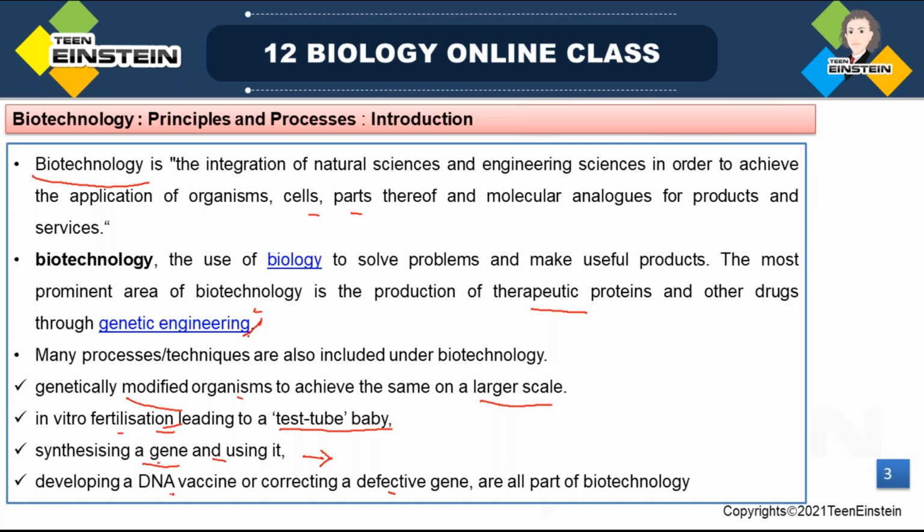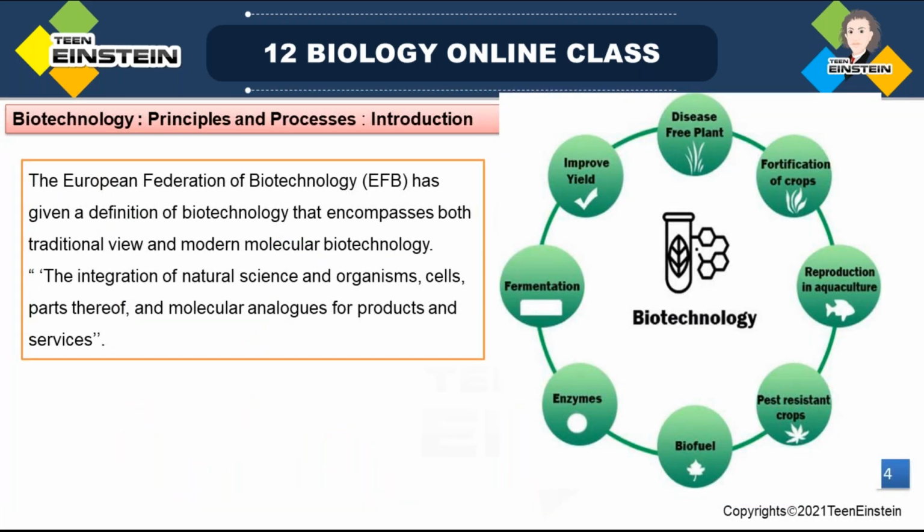Then developing a DNA vaccine. Nowadays vaccination is very important. So how to develop a vaccine, then correcting a defective gene. All these are done with the help of biotechnology, biology and technology, a combination of both. When they come together, it makes useful products.